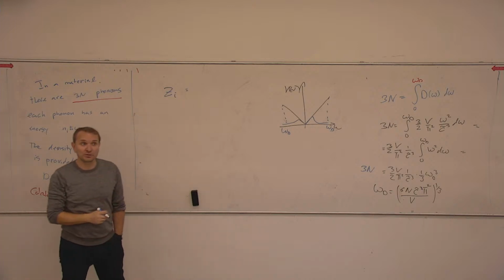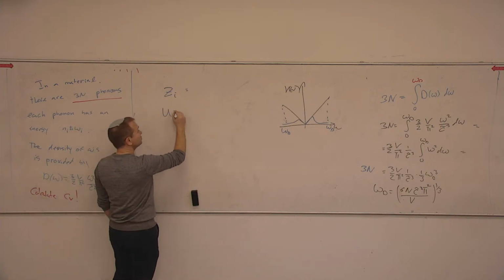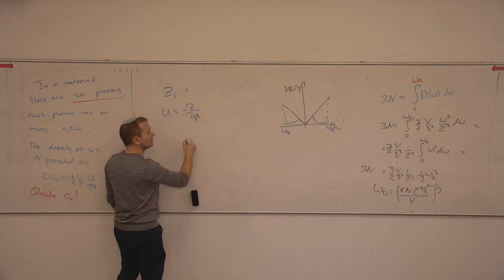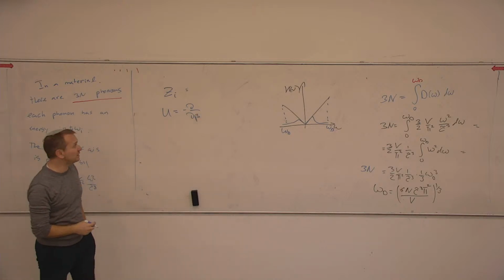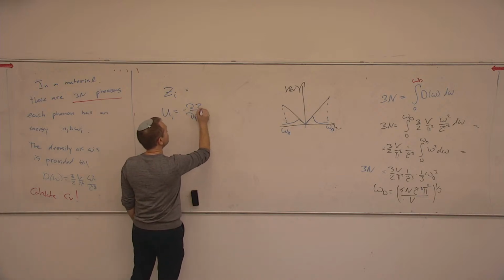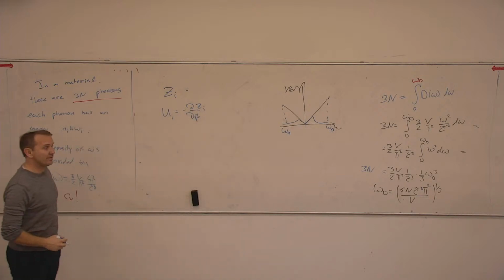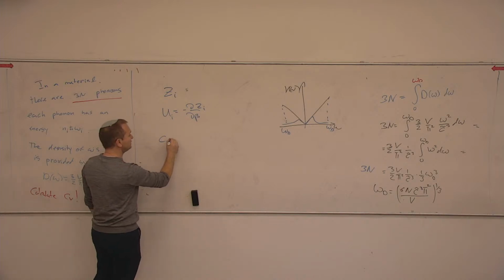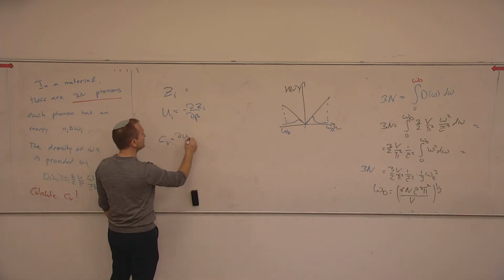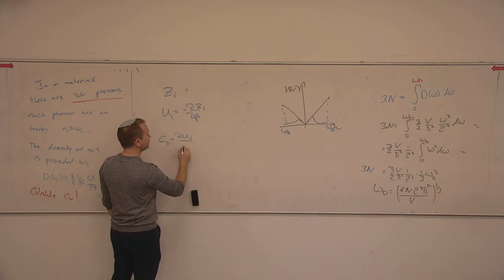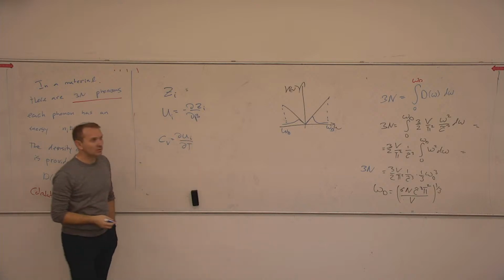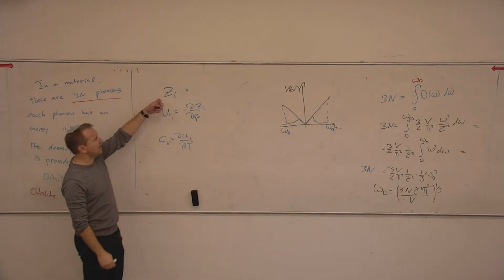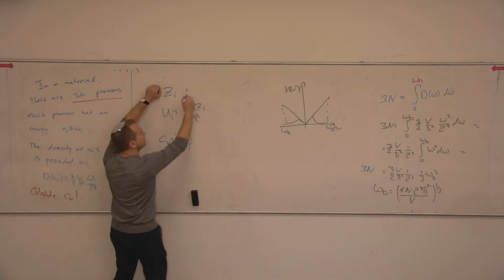The moment I know the partition function, I can calculate the energy, which is just a derivative with respect to beta of my Zi. And the moment that I know the energy, I can calculate CV by taking the derivative of my energy with respect to temperature.